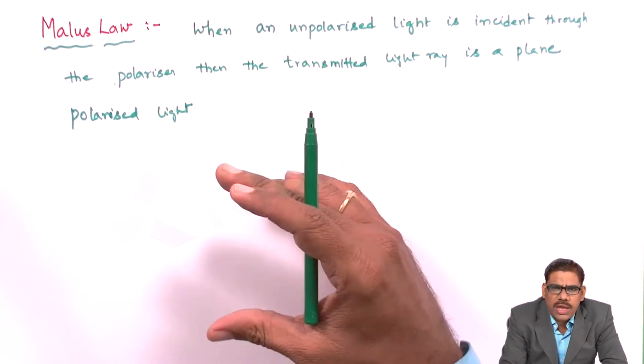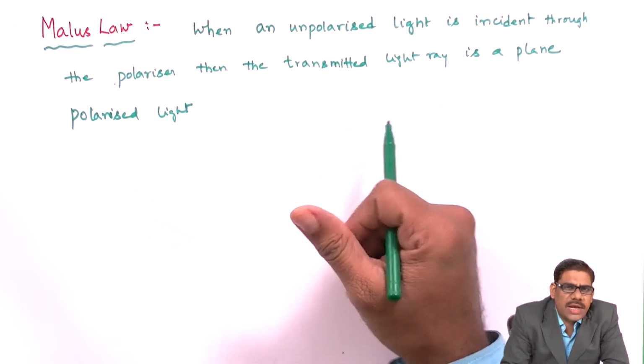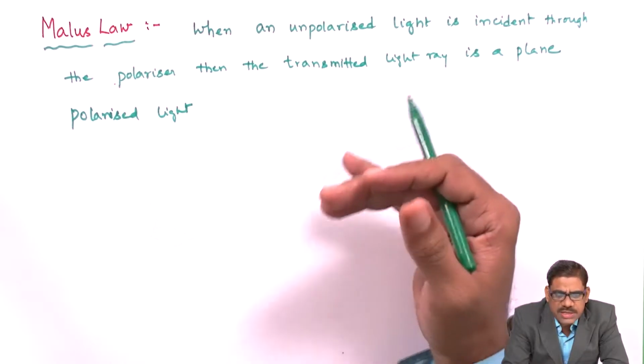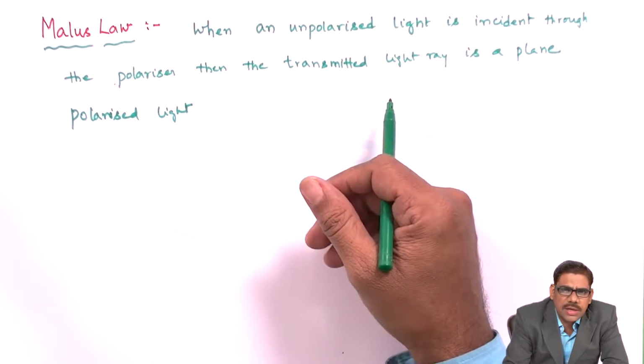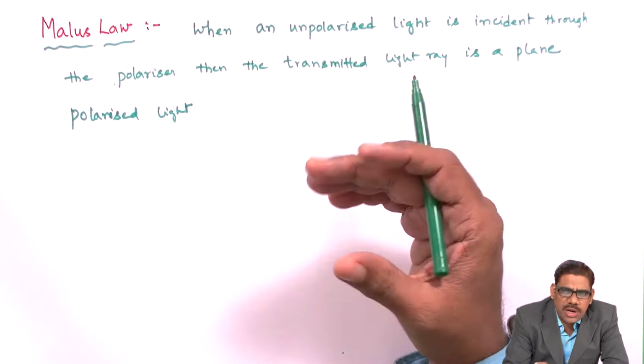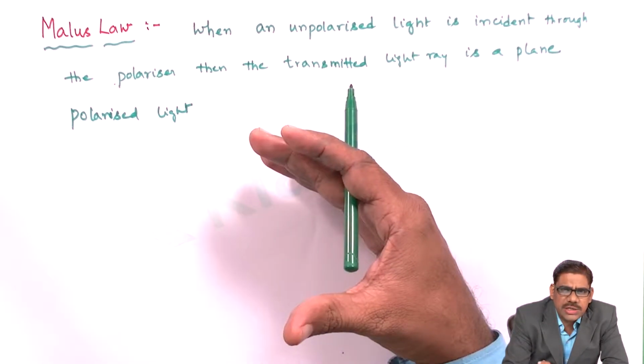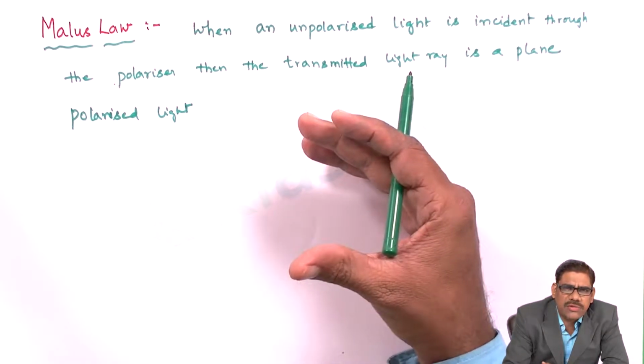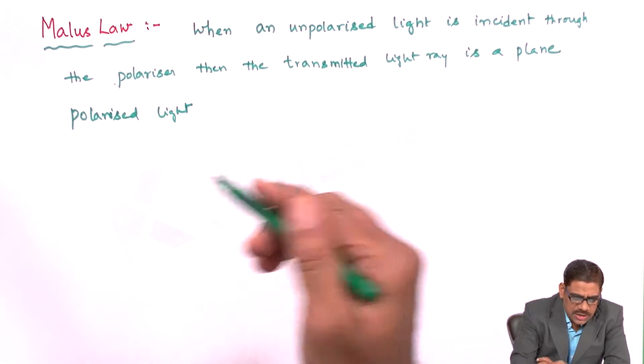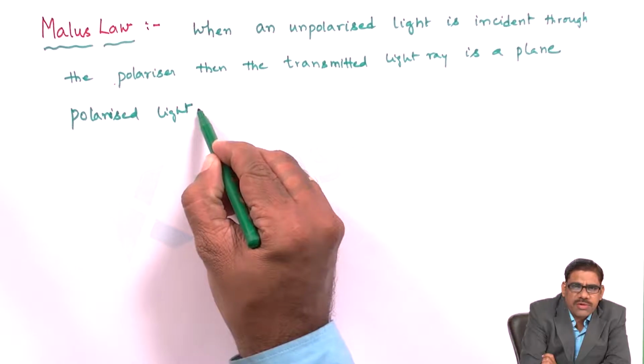So you are taking an unpolarized light, and that is incident through a polarizer. Then what does it do? It will polarize that. Polarization means making a change of the unpolarized light to a polarized light. So that is what we are saying with respect to a statement.